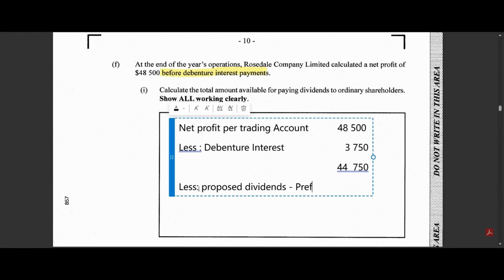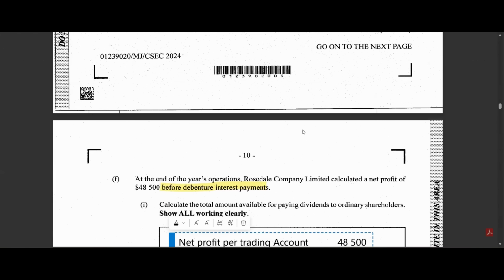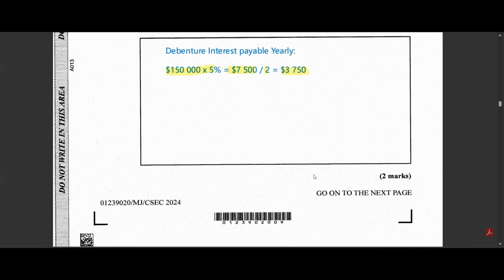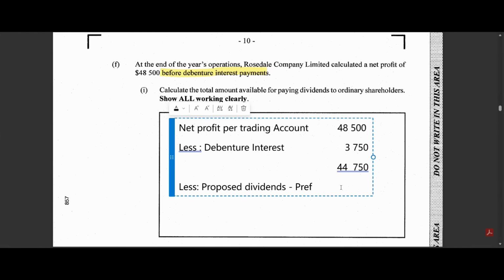So you guys remember we had worked this out before. Preference shareholders, let's go back, check them out. They're entitled to get 32,000. Great.